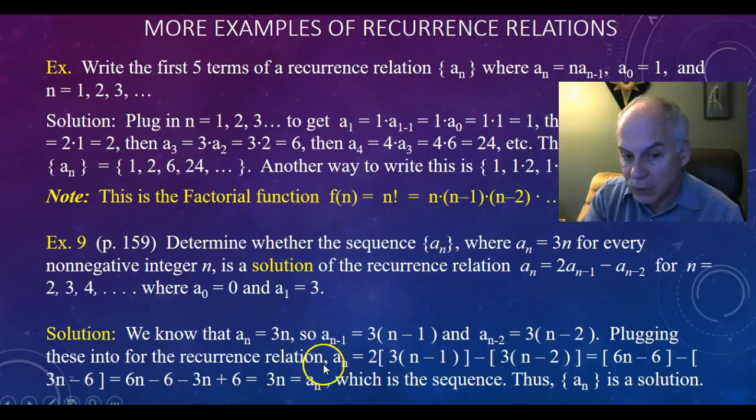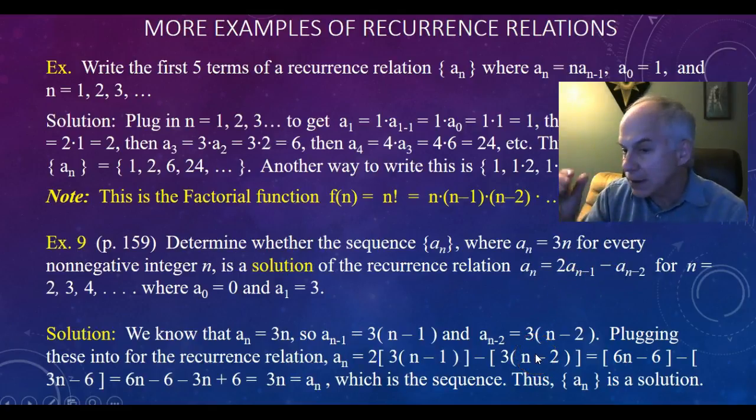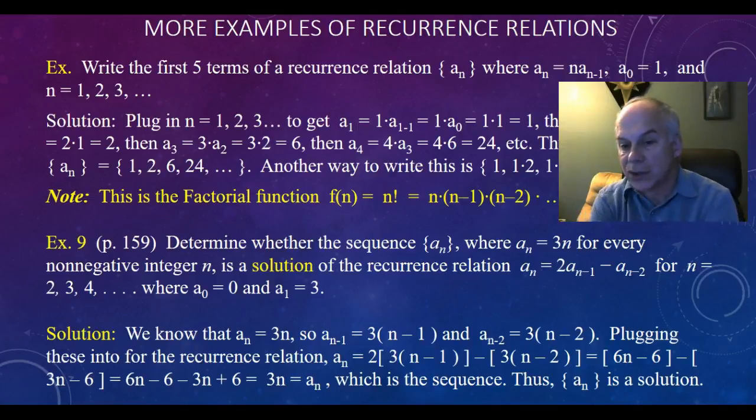If you end up with a sub n for the formula for a sub n, which is from the recurrence relation, then it verifies that that is a solution to the recurrence relation. So that's a way to determine whether it's a solution to the recurrence relation.